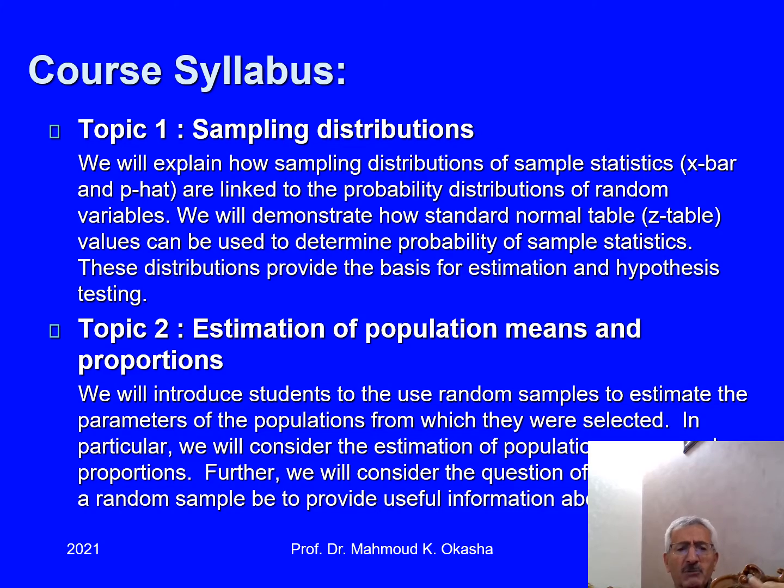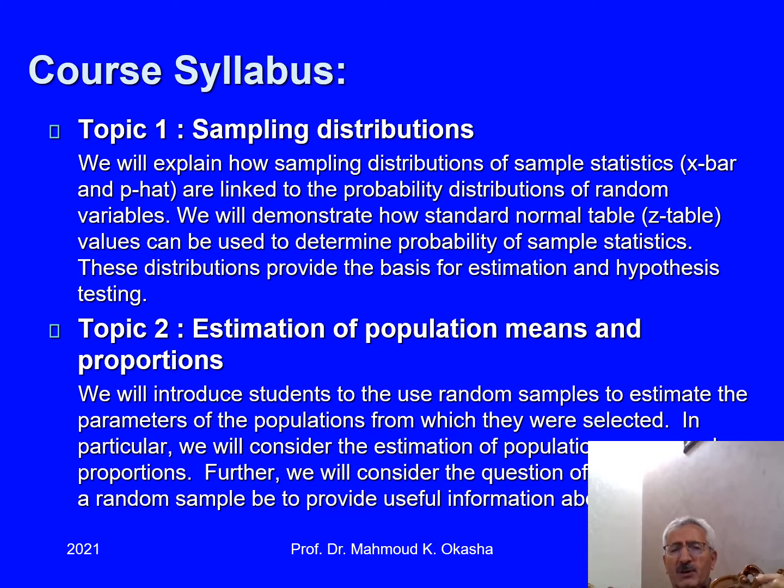The topics which we are going to discuss: the first topic will be sampling distributions. We have parameters. What we mean by a parameter is a value which is unknown, a fixed value which is not known, unknown values in the population.